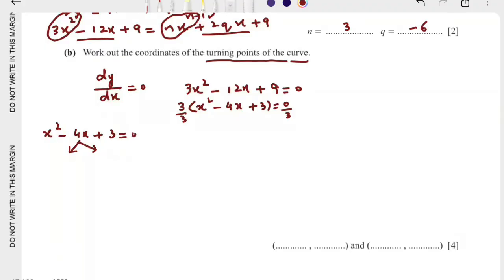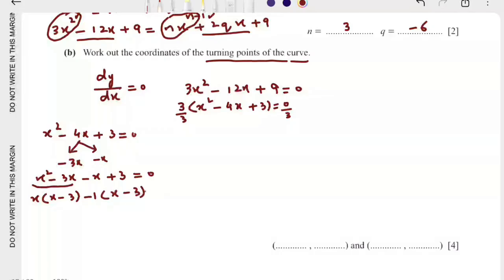It will be minus 3x and minus x. So x squared minus 3x minus x plus 3 is equal to 0. We have to take x common, and minus 1 as common.